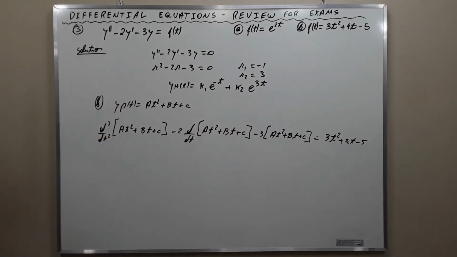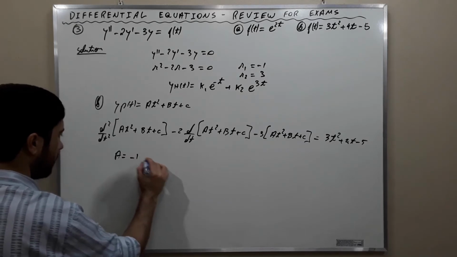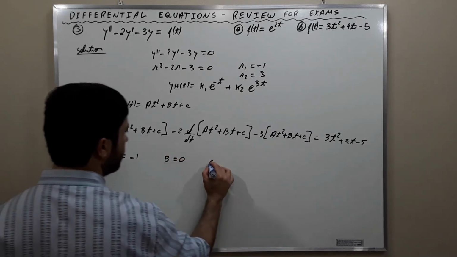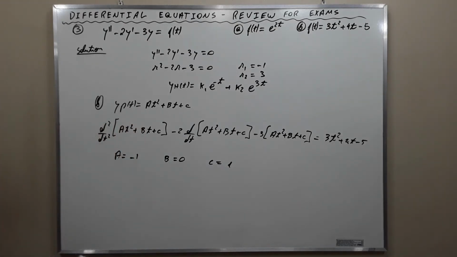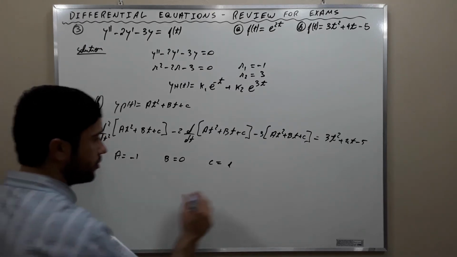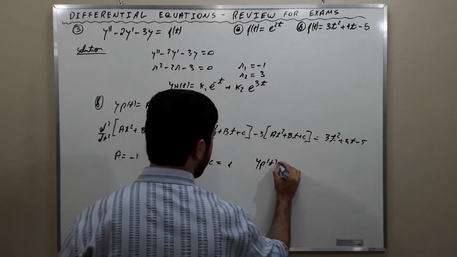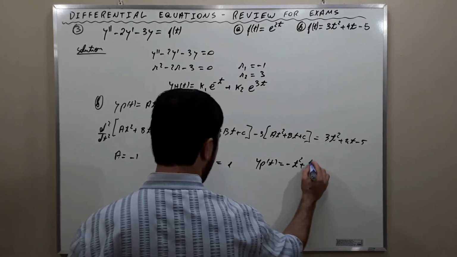I'm going to invite you to try yourself. I already did, and we find that a is equal to -1, b is equal to 0, and c is equal to 1, and thus the general solution comprising the homogeneous solution and the particular solution will be, firstly, the particular solution in this case is going to be equal to minus t squared plus 1, okay?